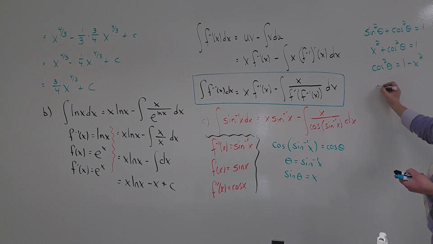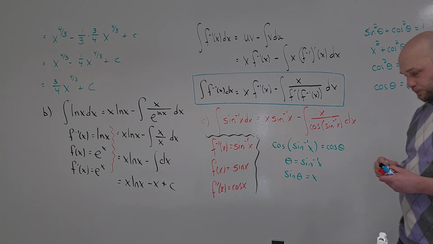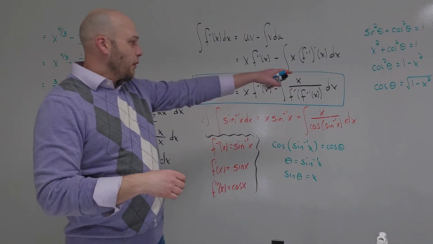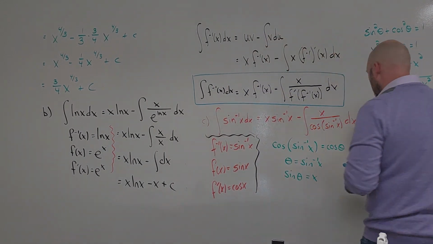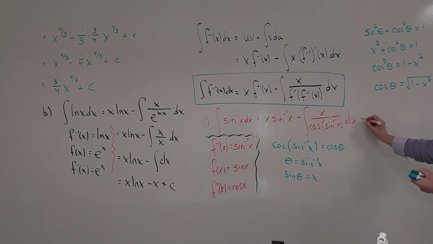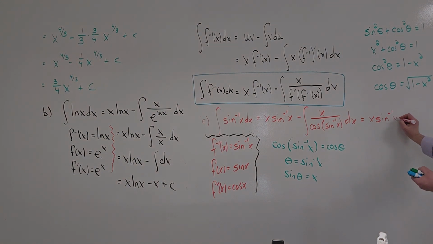Then I take the square root, giving cosine of theta is the square root of 1 minus x squared. That will be my denominator. So when I plug this in, this gives me x sine inverse minus the integral of x over the square root of 1 minus x squared dx.